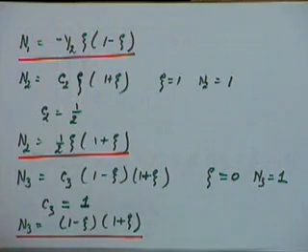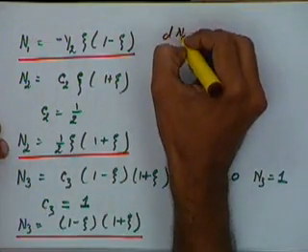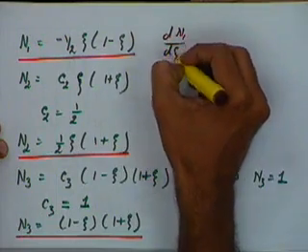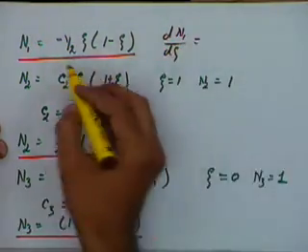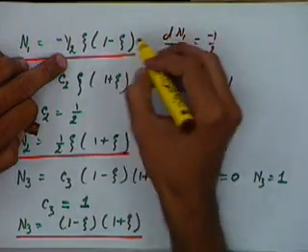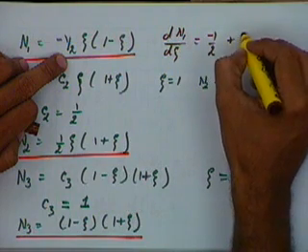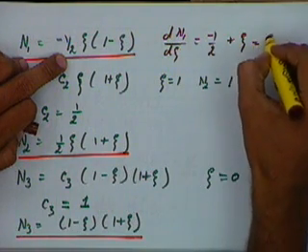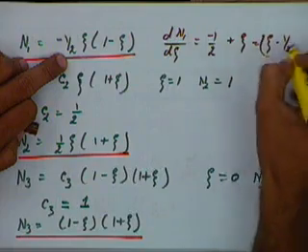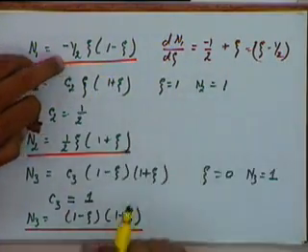From these terms, the derivative of N1 with respect to zeta will be minus half plus zeta plus zeta, which is 2 zeta minus 1 by 2.